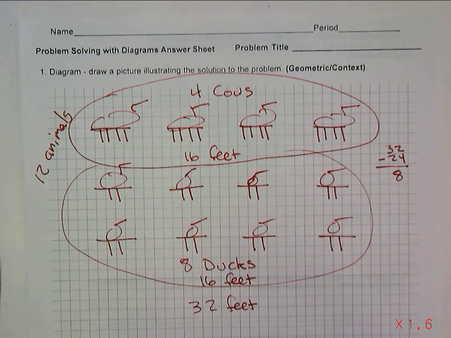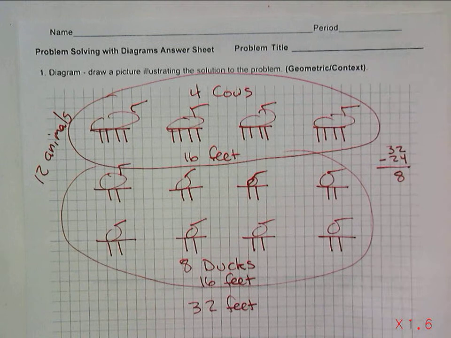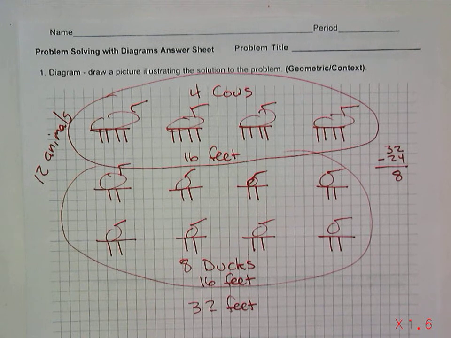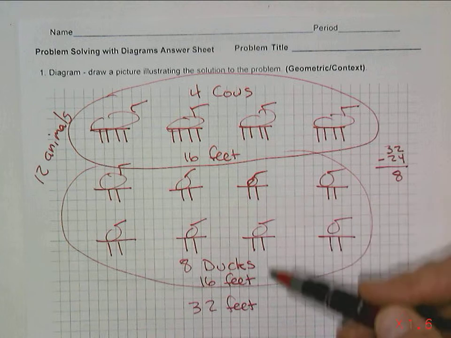Now, that's the first step in using diagrams to solve problems, because we don't just want to have the diagram, but we also want to be able to show the mathematics behind it so that we have support for our solution. And in this case, we wanted to know how many ducks and cows there were, so we have the 4 cows and the 8 ducks.